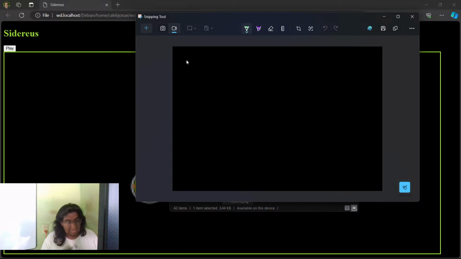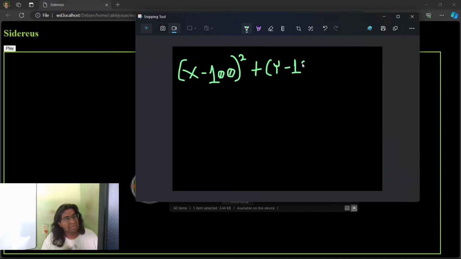According to these fellows, we have this x, for our case, minus 100, squared, plus y minus 100, squared. 100 and 100 is the center of our circle.